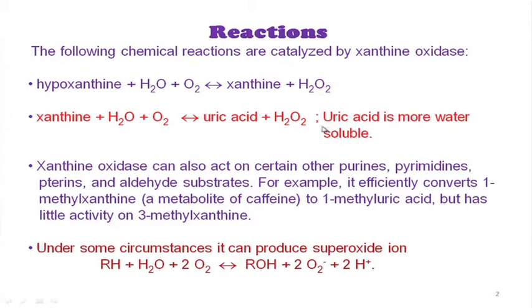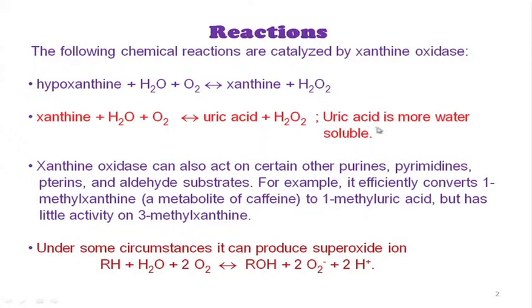Sometimes in a biological system it is the pH, that means the level of acidity of the system, how many protons are available from one side to the other, as well as the solubility of the system. Whether the reactant, xanthine, or the product, uric acid, is more soluble in water can drive the reaction from left to right.